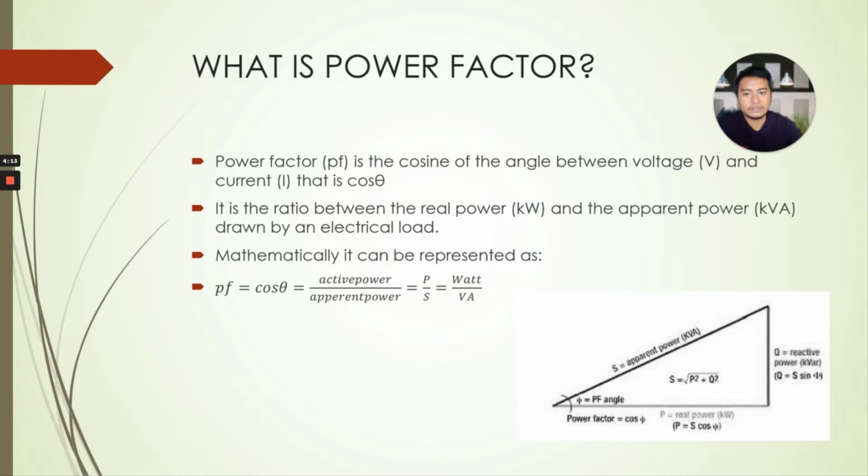Mathematically, it can be represented as PF equals cos theta equals active power over apparent power, equals P over S, equals Watt over VA. This figure shows the power factor triangle.